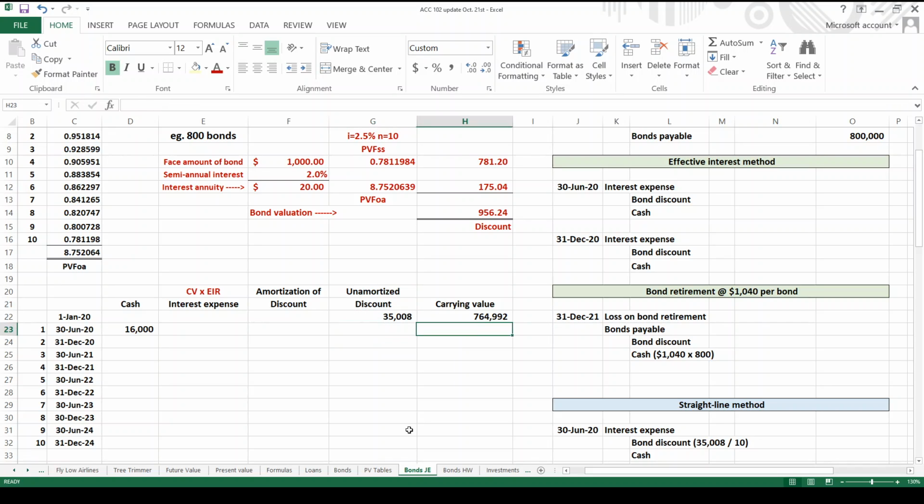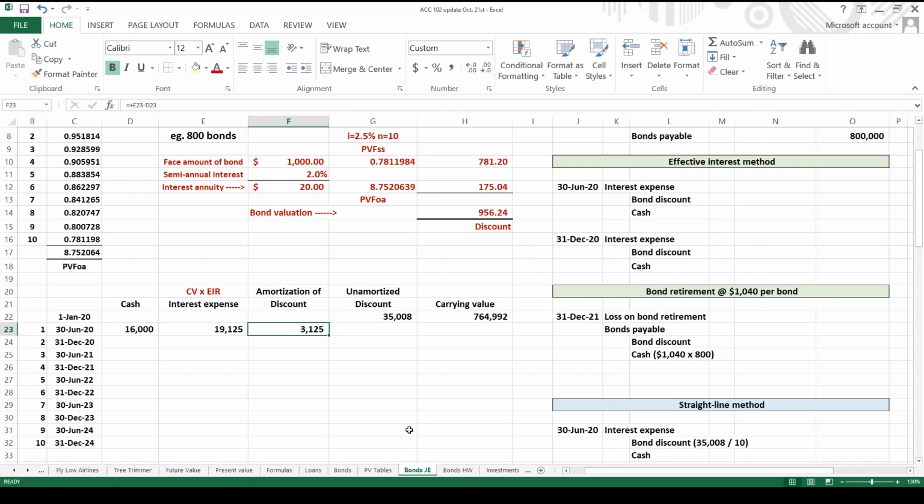So I'm going to take this number here and multiply times 2.5%. All right, that gives me my interest expense. Now we find the difference between these two numbers. I'm going to take the 19,125 and subtract the 16,000. I get 3,125.